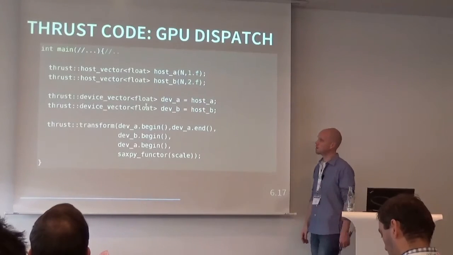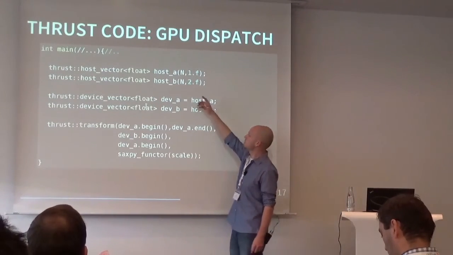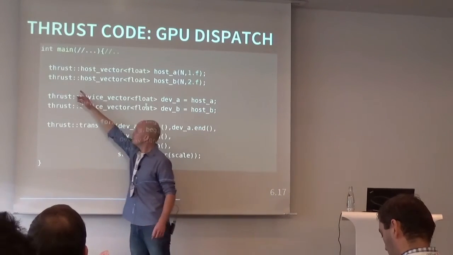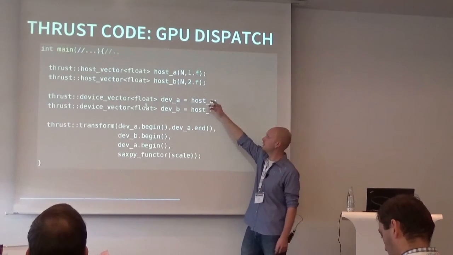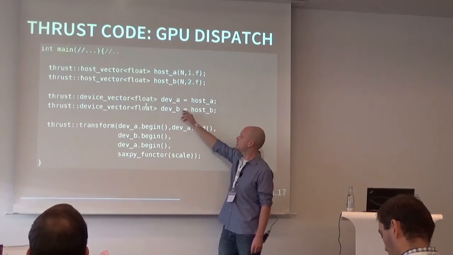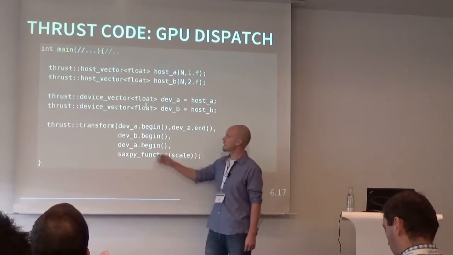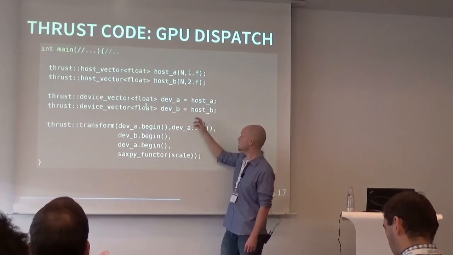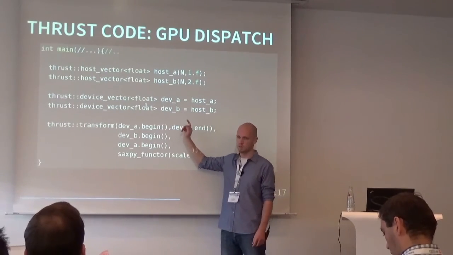So how does the host code look that you actually use to run this? First of all, see the namespace. We're not in standard anymore. We are in the Thrust namespace. We allocate a host vector of some size. Then we do a copy assignment or copy construction into a device vector. This is where, as far as I know, the transfer of the memory is triggered.